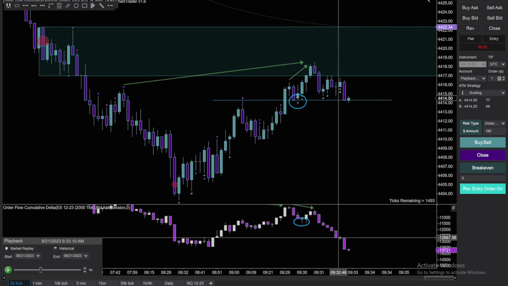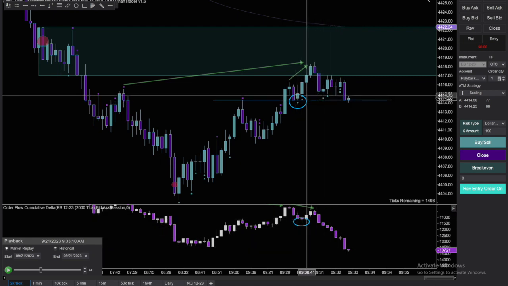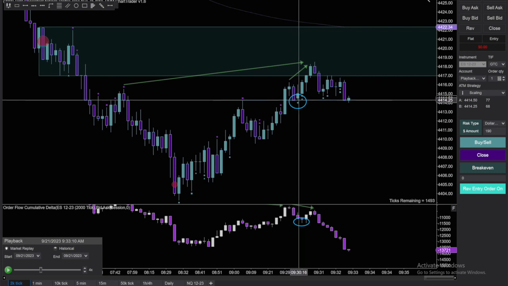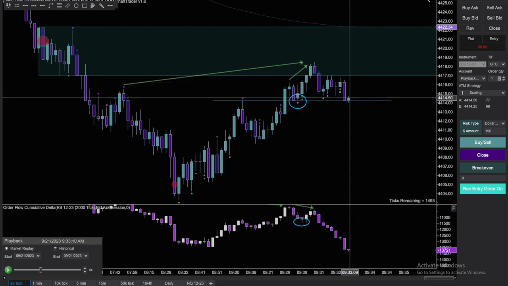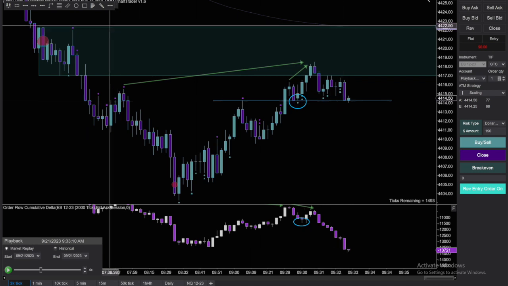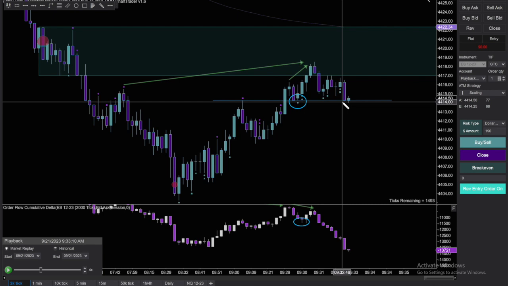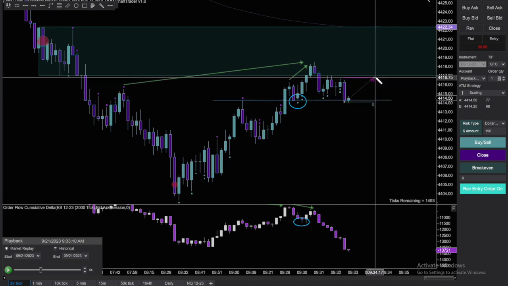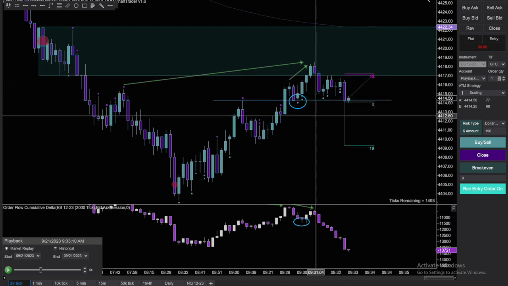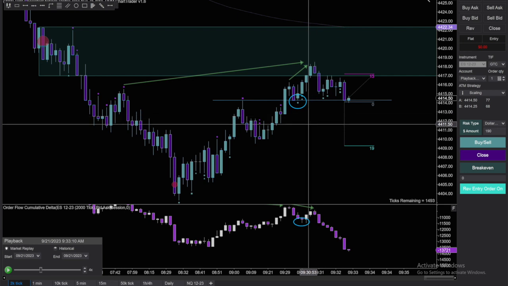This is really important as we're pushing into this. Because we're breaking structure here, and we've made a lower high already as we do that, we have a valid entry right as we break that structure, with our stop over that swing high. Okay, that's the entry right into there.